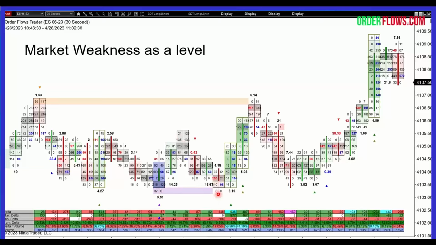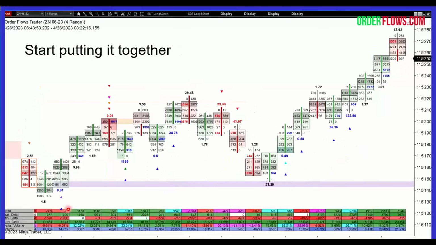Market went back up, same area. Sellers aren't interested in here. To where? An area where buyers lost interest. I mean, eventually it's going to break out like it did here. It's not going to just go sideways all day long. But you're starting to see how you can use these different pieces of information. Okay. But hopefully you can start to put it together.